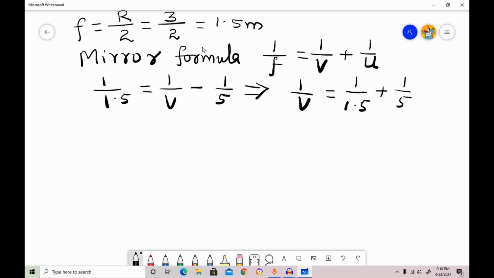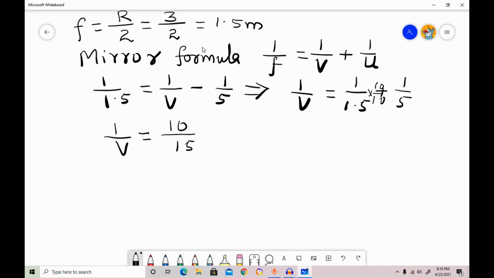So here it is 1 by v. Here 1 by 1.5 is 10 divided by 15, simply multiplied by 10.